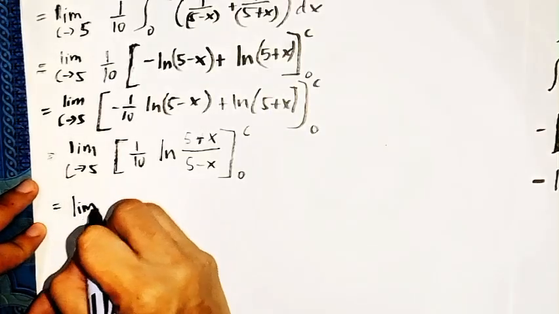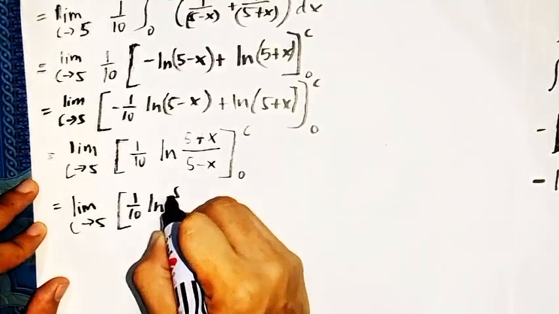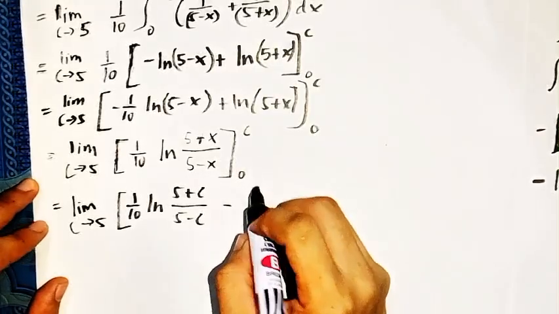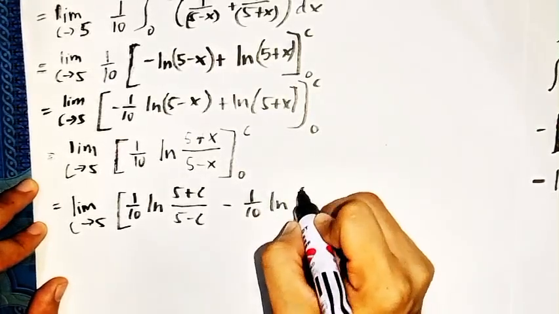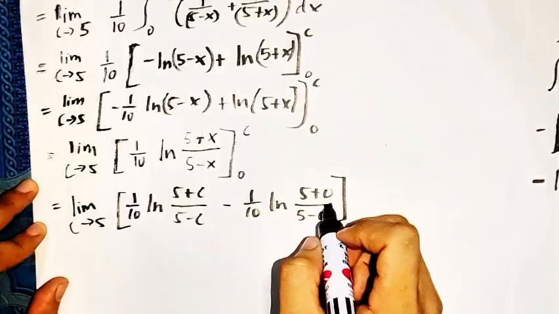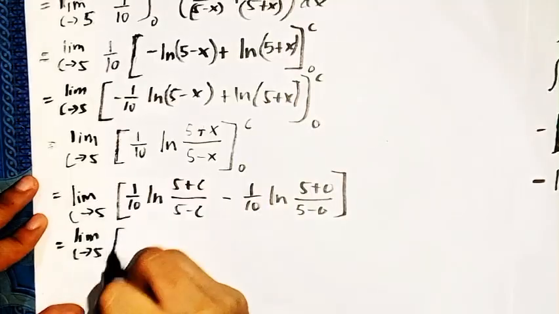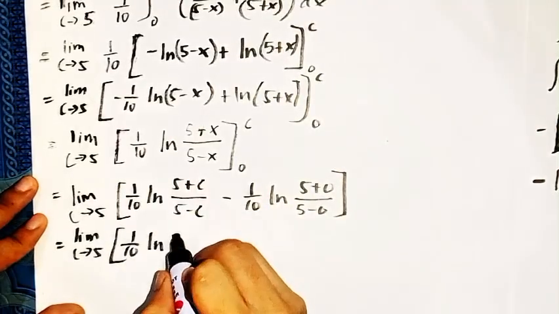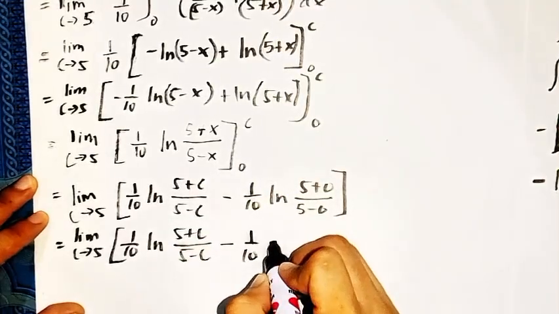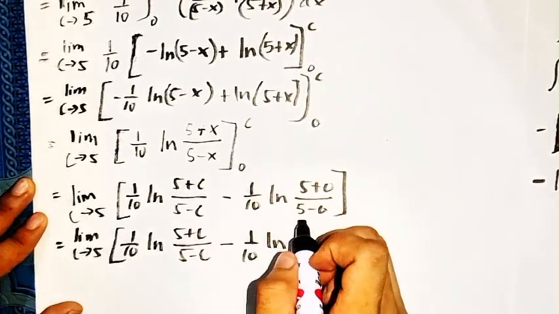So limit c approaches to 5, 1 over 10 ln 5 plus c over 5 minus c, minus 1 over 10 ln 5 plus 0 over 5 minus 0. 5 plus 0 is equal to 5, and 5 minus 0 is equal to 5, so 5 over 5 is equal to 1.